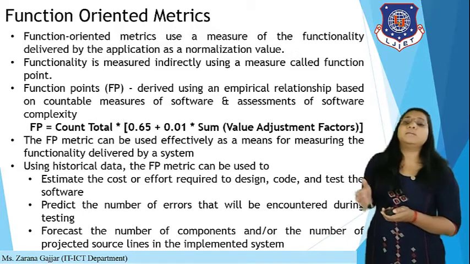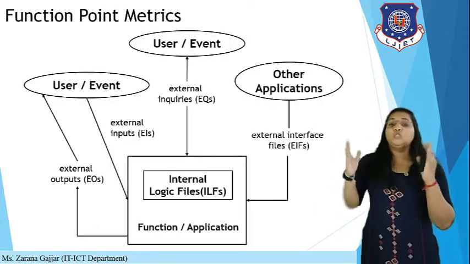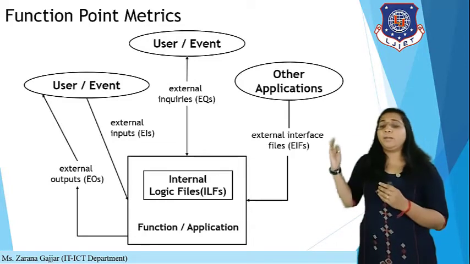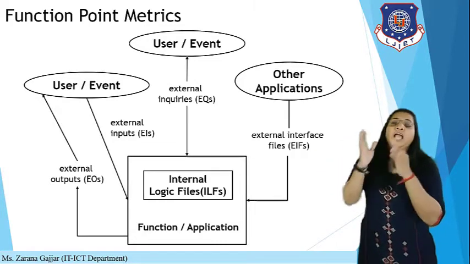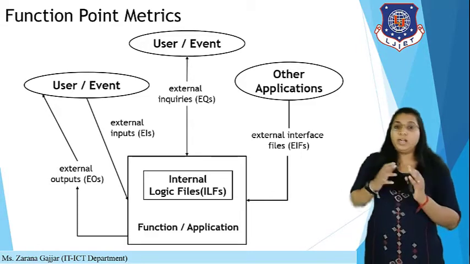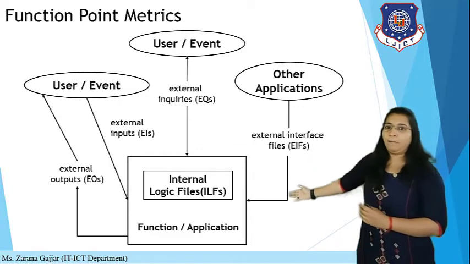Okay, so this is about the function oriented metric. Then what is actually the user view? So mark one thing, size oriented metric is design oriented and function oriented metric is user oriented. So it is a user view, like you have your function or your application.